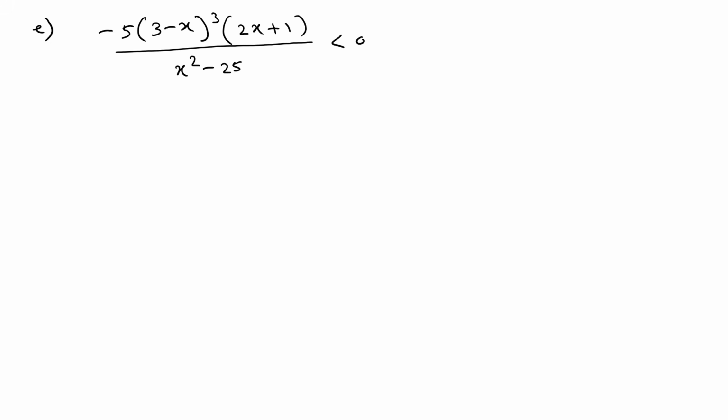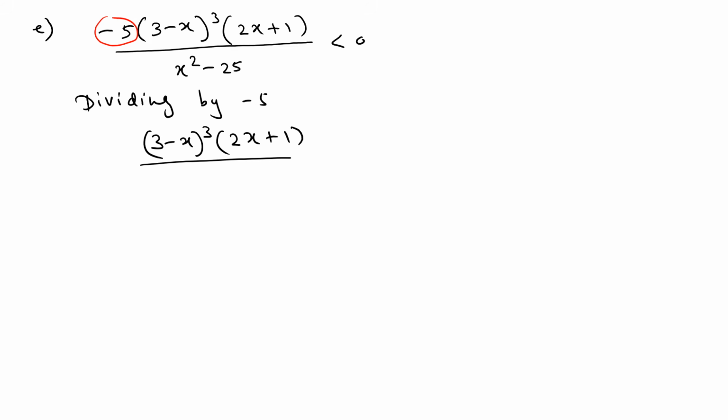As the next problem, we have negative 5 times (3 minus x) cubed times (2x plus 1), over x squared minus 25, less than 0. Since you have a negative number, we're going to divide by that. Dividing by negative 5, you get (3 minus x) cubed times (2x plus 1), and we can also factor the denominator: x minus 5 and x plus 5.